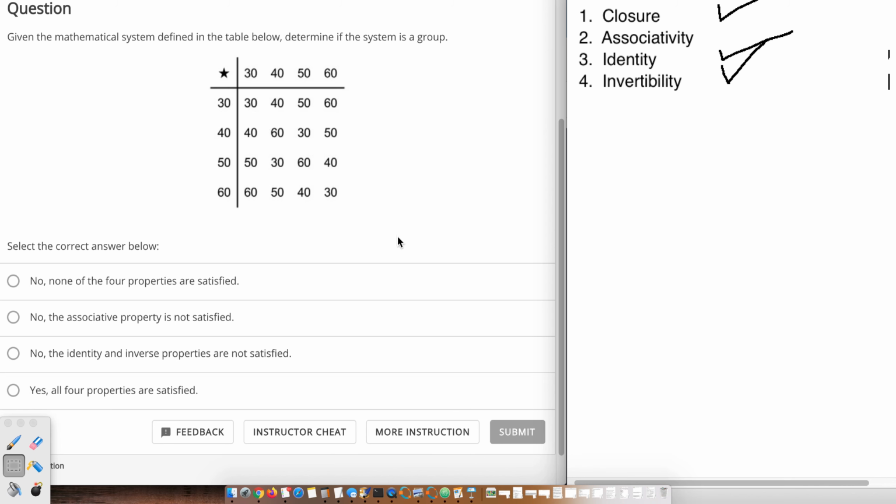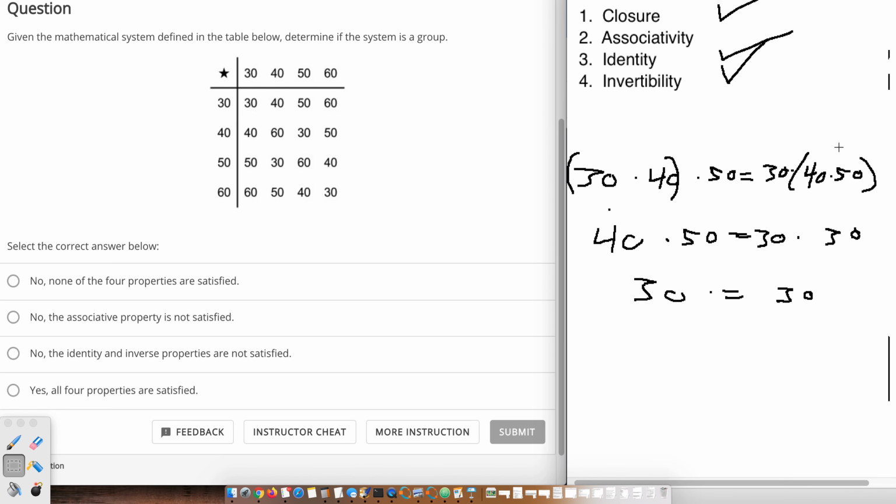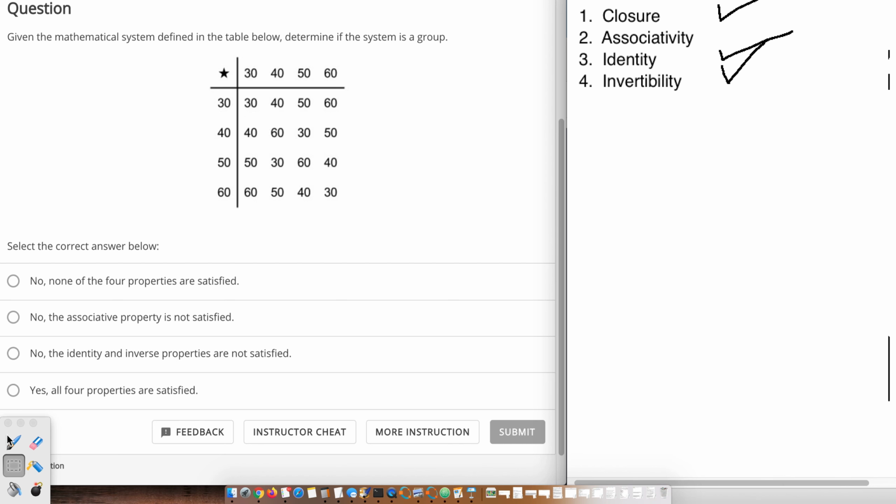We checked one. Let's just check one last pair. That one was using 30, 40, 50. Let's see if it's associative by checking one more time. Let's do 30.40.60 and see if that's the same if we do 30, 40 first. Okay, 30 on the row, 40 on the column gives us 40.